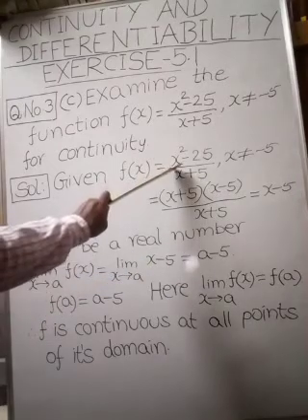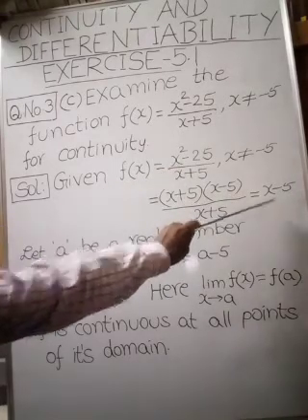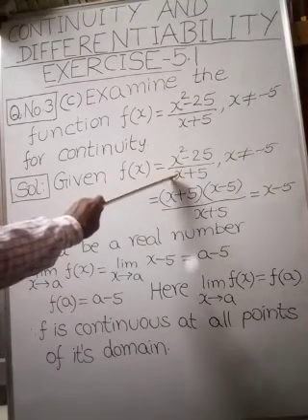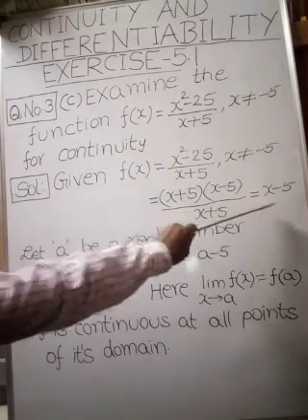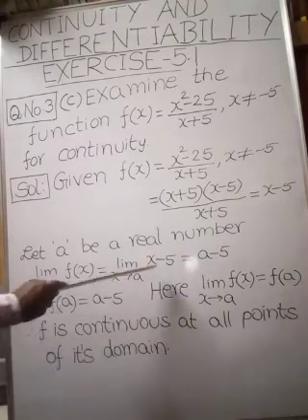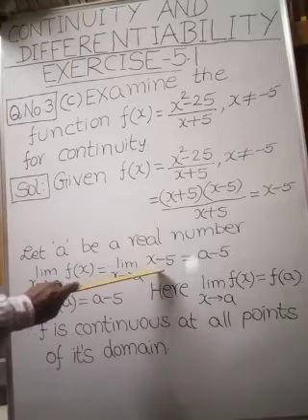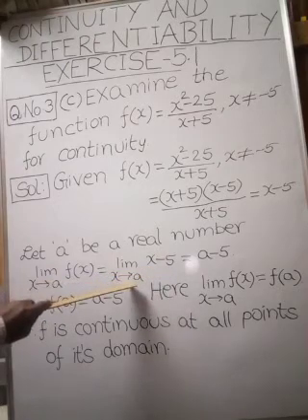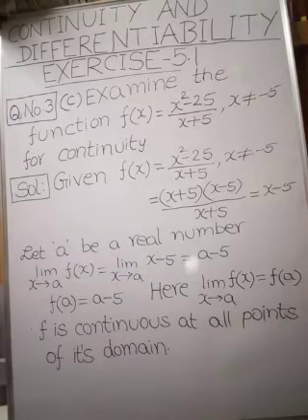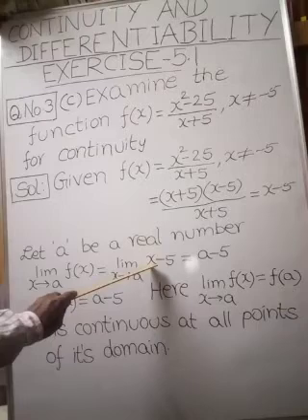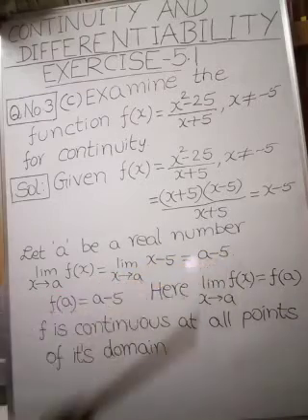We don't take the given form, this is the real function. In a different way it is given, but the actual function is x minus 5 only. So by using the substitution method we find the limit of that function. In the place of x substitute a, so we get a minus 5.